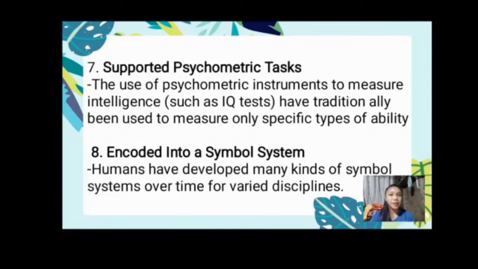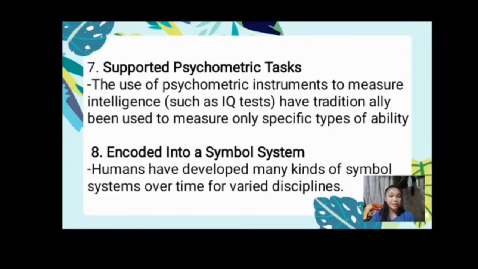Seventh, supported psychometric tasks. The use of psychometric instruments to measure intelligence, such as IQ tests, has traditionally been used to measure only specific types of ability. However, these tests can be designed and used to identify and quantify true unique intelligence. The multiple intelligences theory does not reject psychometric testing for specific scientific study, rather.